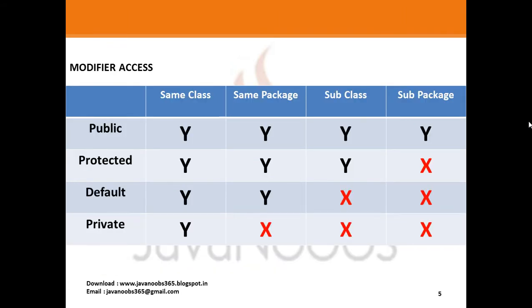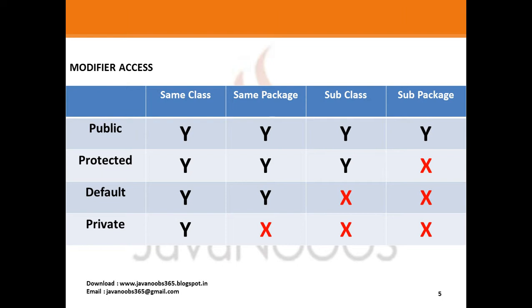The next topic I would be talking about is modifier access. Public, protected, default, private are the most commonly used modifiers to access certain classes, packages, subclasses and sub packages in a project. There is a chart here.